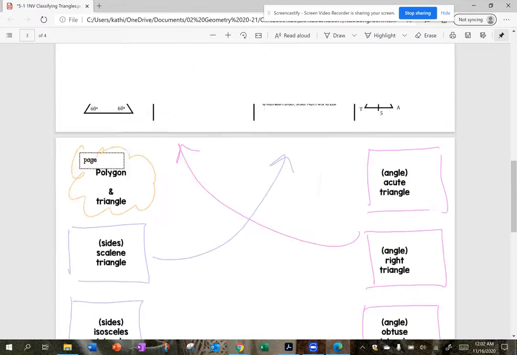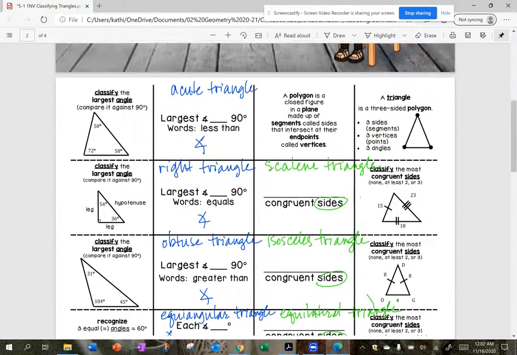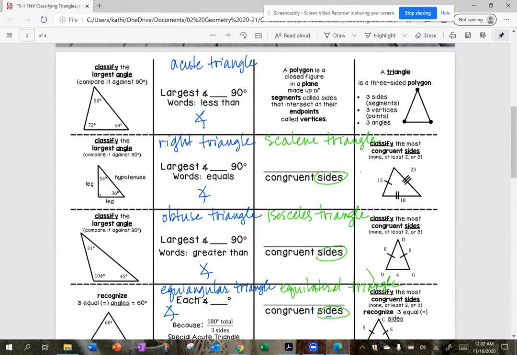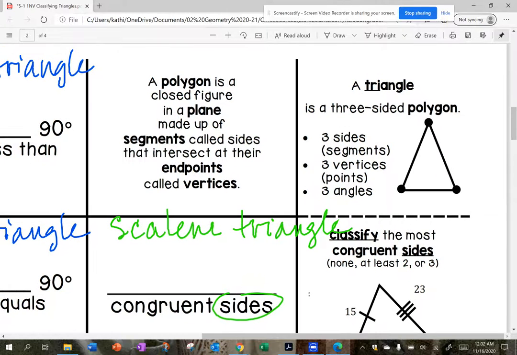Let's start with the vocabulary. So a triangle is a 3-sided polygon, and a polygon is a closed figure in a plane made up of segments called sides and intersect at their endpoints called vertices.